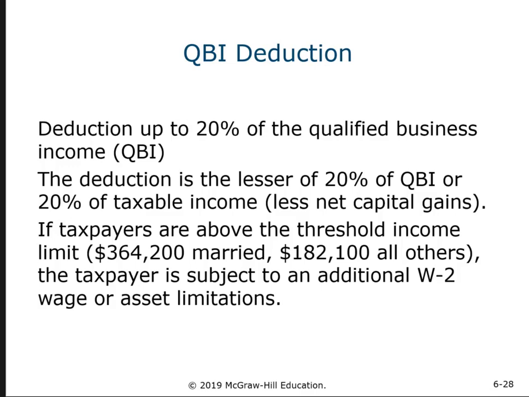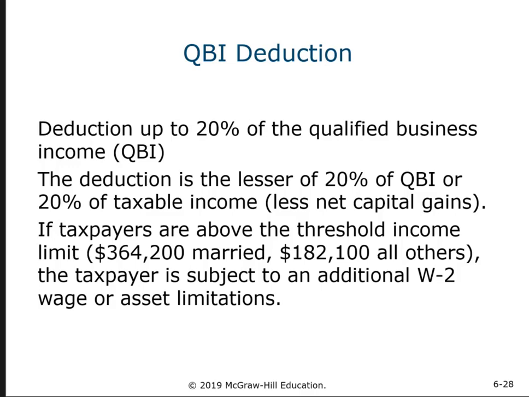All right. So if your income's under those, it doesn't really matter what business you're in. But as soon as it starts going over that, then lawyers and accountants and consultants and engineers and anybody that kind of works in a profession is going to have limitations. It's going to start phasing out.